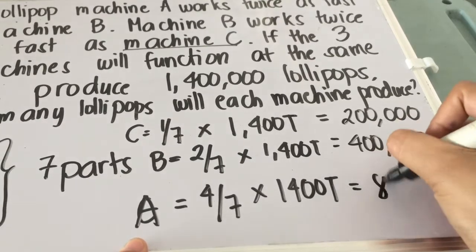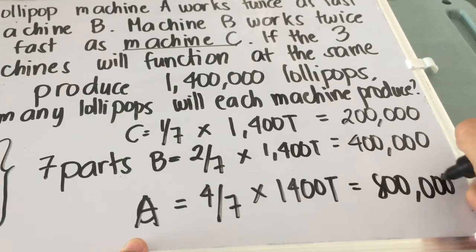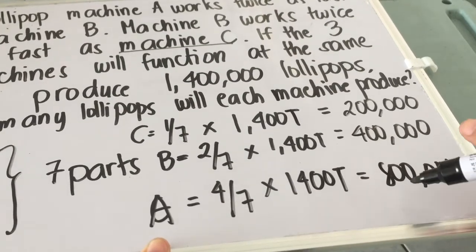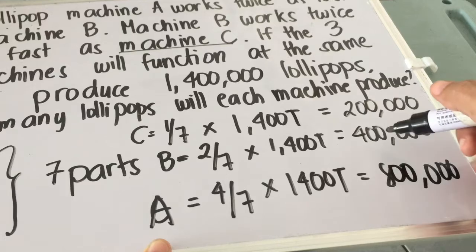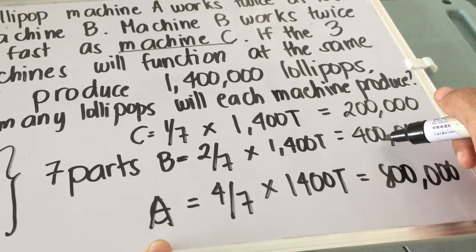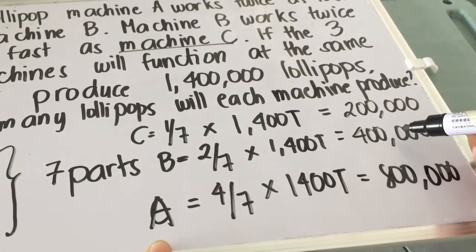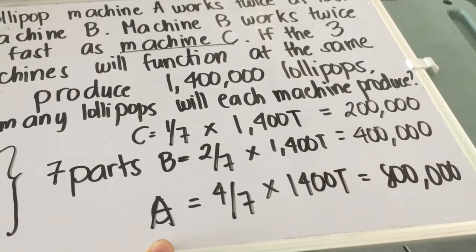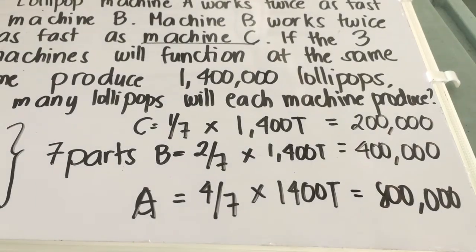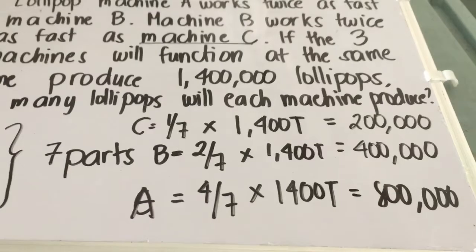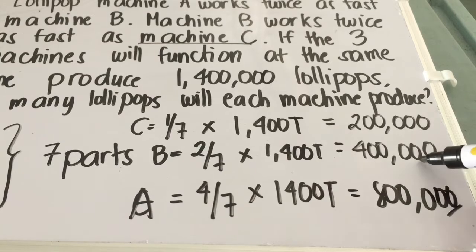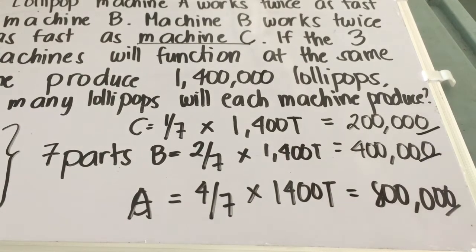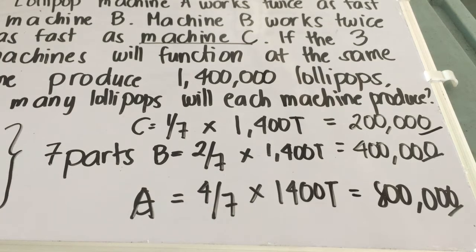So we have 800,000 all in all. As you can see, ang total ni A, 800,000, is twice as much as kay machine B. Si machine B naman is 400,000, which is twice as much as kay machine C. So in conclusion, machine A, B, and C will produce 800,000, 400,000, and 200,000 lollipops respectively.